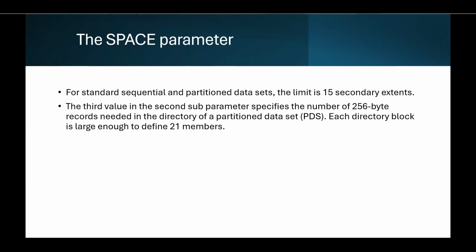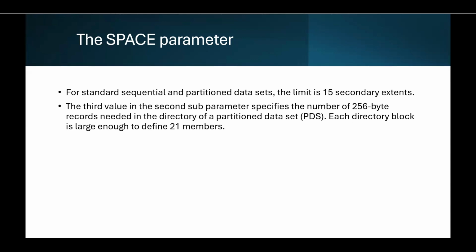For a standard sequential and partitioned dataset, the limit is 15 secondary extents. The third value in the second sub parameter specifies the number of 256-byte records needed in the directory of a partitioned dataset, which is a PDS.